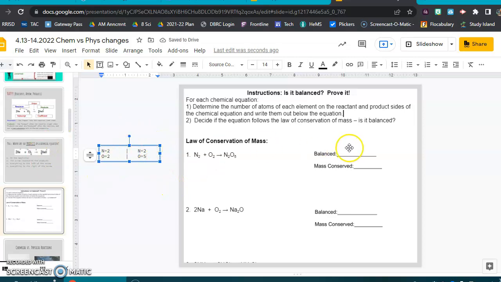When I do the counting, is it balanced? Well, I have 2 nitrogen, I have 2 of the same, but I have more oxygen. So it is not balanced, and the law of conservation of mass says we are not conserving mass, because we should have the same number, 2 and 2, 2 and 2, not 2 and 5, and the same symbols.